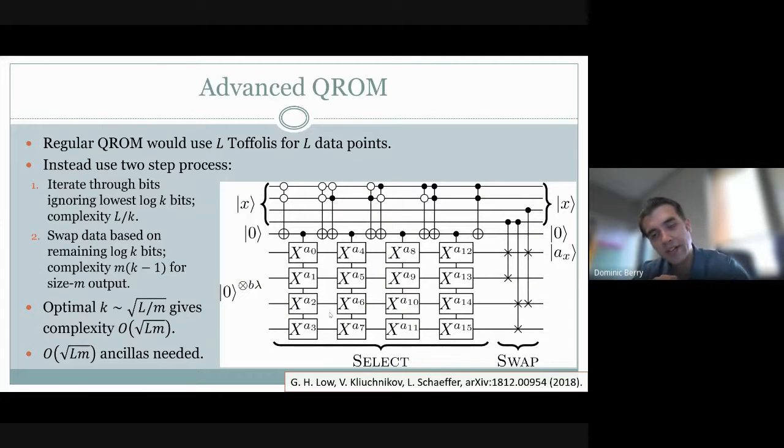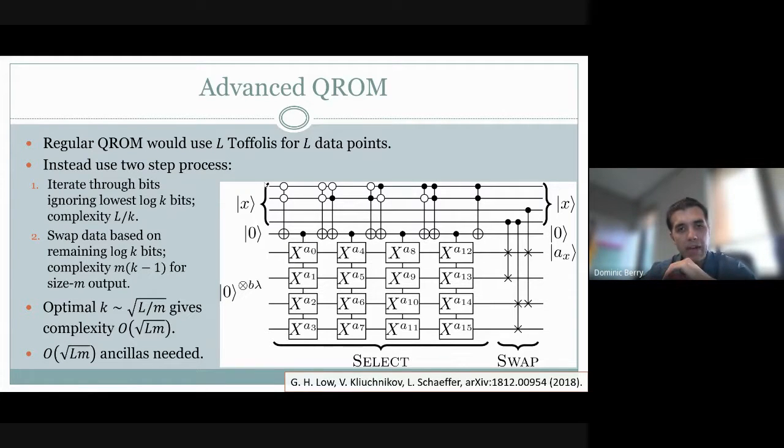But when we're doing that for the state preparation, that actually needs a lot of data to be output. But there's another trick, from Guang Hao and co-workers, for improving the complexity of this QROM. The general idea is you take your input register, which is shown as X at the top here, and separate it into low significance bits and high significance bits.